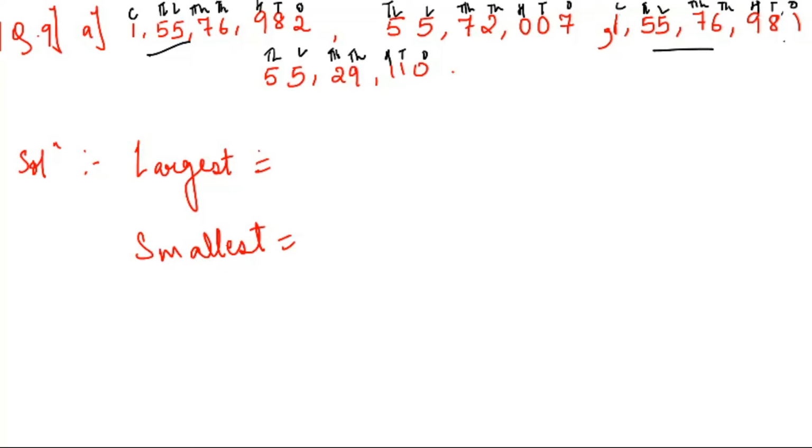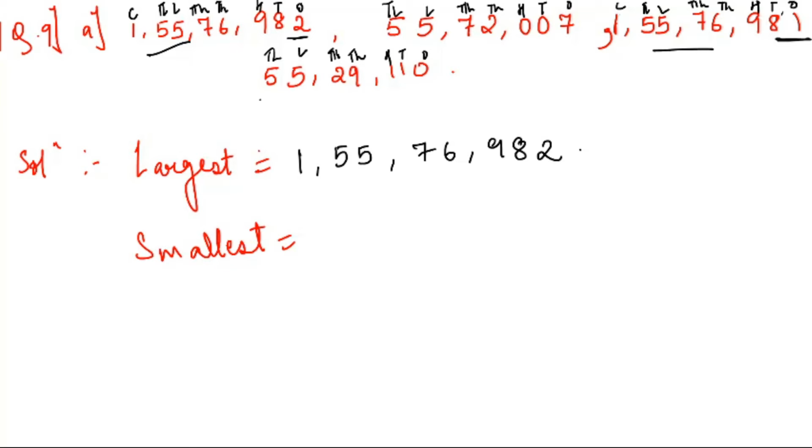Yes, 82. So the largest number is 1 crore 55 lakh 76,982. Now the next one is the smallest. Smallest means we will take from these two numbers because it is in lakhs. So 55 same, 72, 29.